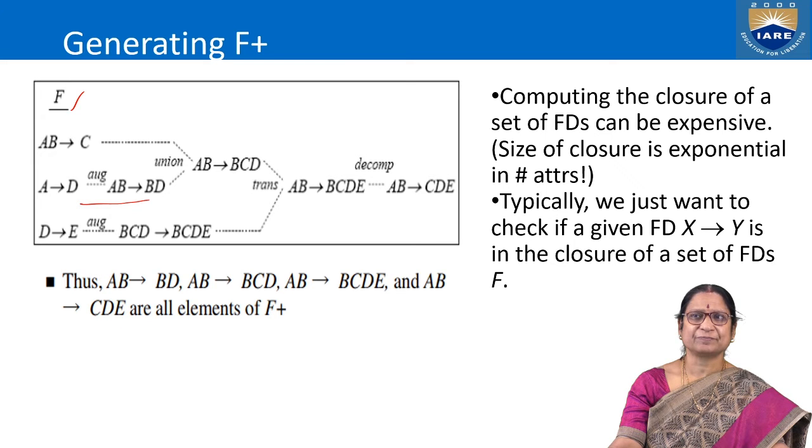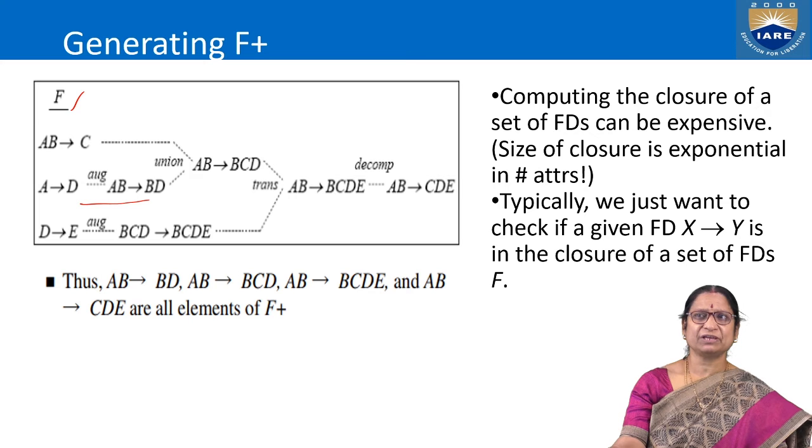We can check if a given FD X determines Y is in the closure of the FDs by using the attribute closure property. Generation becomes more complex, but at least we are able to identify whether any derived FD is in F plus or not. If that is available, we can do more normalization or decomposition problems, so problems can be considered by using these newly inferred FDs also.